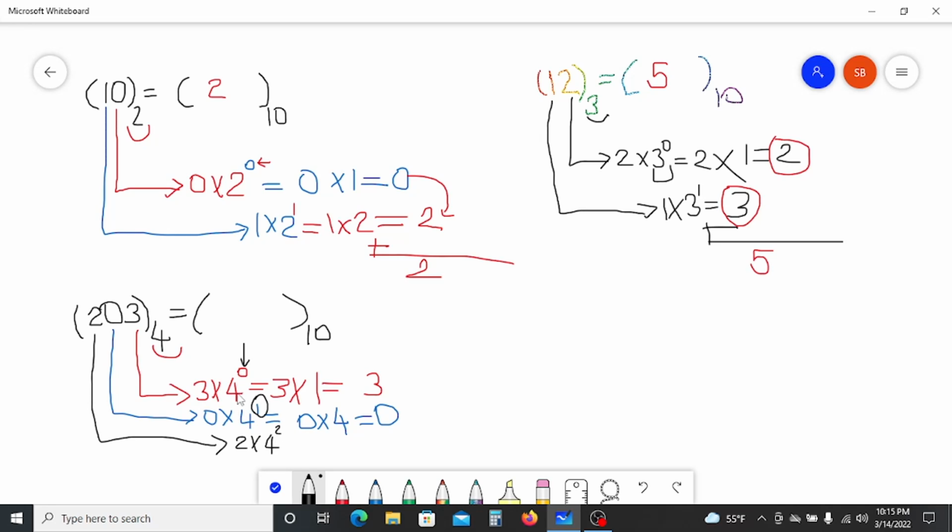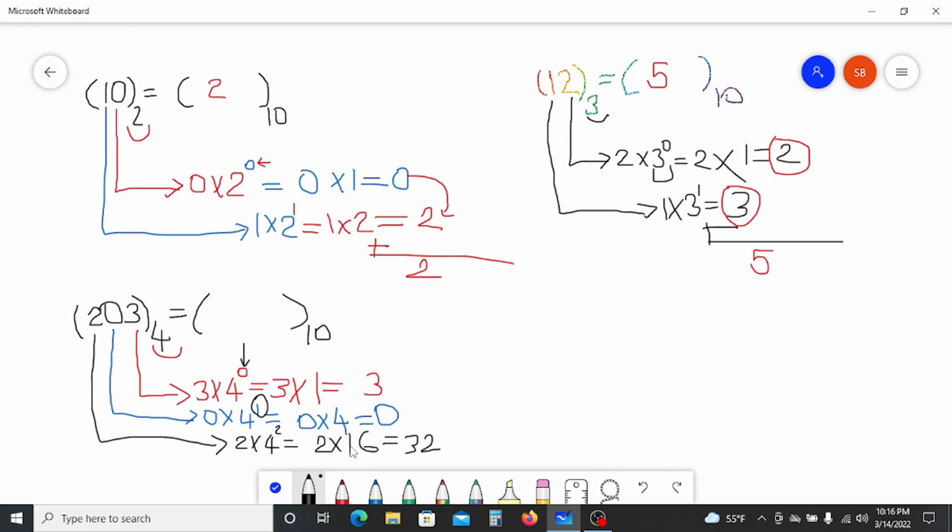Be careful, because we started from 0. It's equal to, friends, 2 times 4 squared. Be careful, this is power 2, not 2 times 4. 4 squared is equal to what? 16. Otherwise, our calculation might be wrong. 2 times 16 is 32.